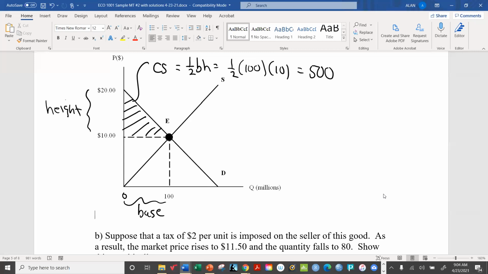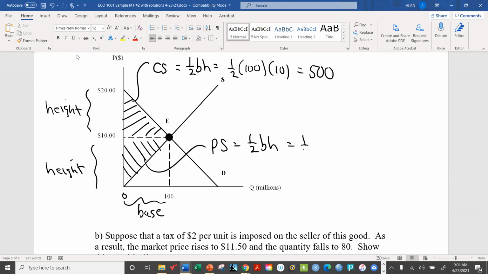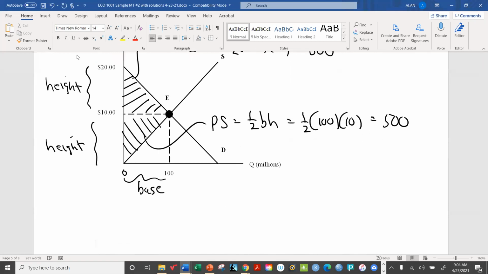The producer surplus, same thing, one half base times height. And just by coincidence, they're both the same. It doesn't always work out this way. Sometimes it does. Now, if you don't want to do it that way, you can just go ahead and type it out.